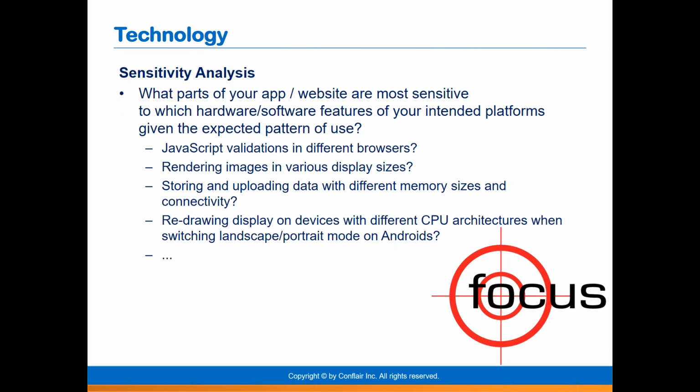I want to make sure my image is not stretched beyond recognition on a higher resolution display, right? I want to make sure my image is presented correctly on a lower resolution display, right? So I know the hardware prevalent in my target users, but all the test cases which are about browsing images, I want to run them on devices with different display size.